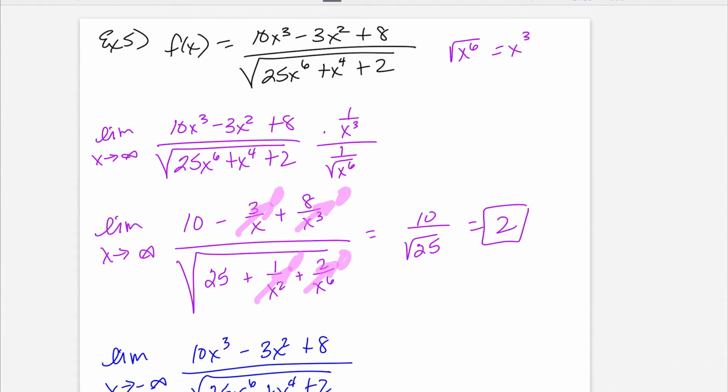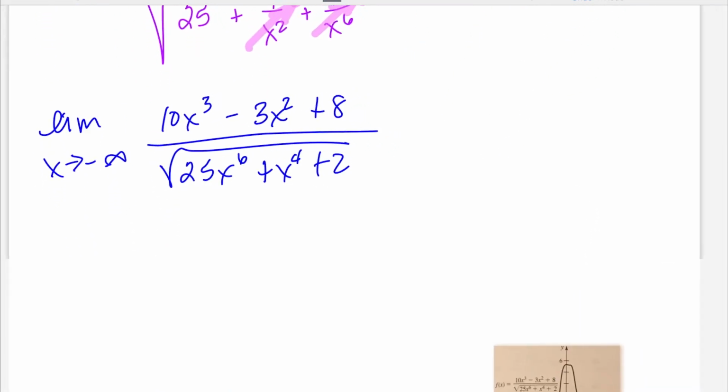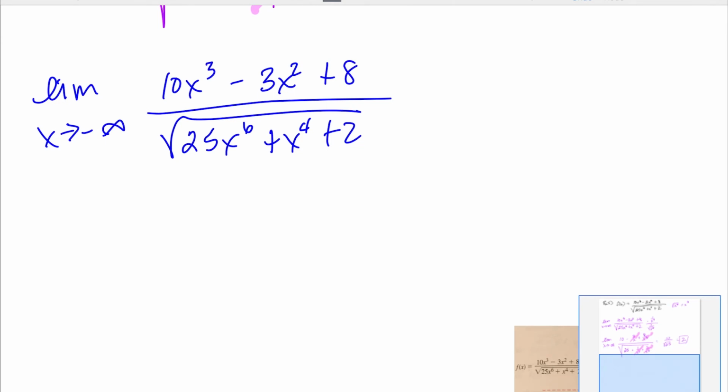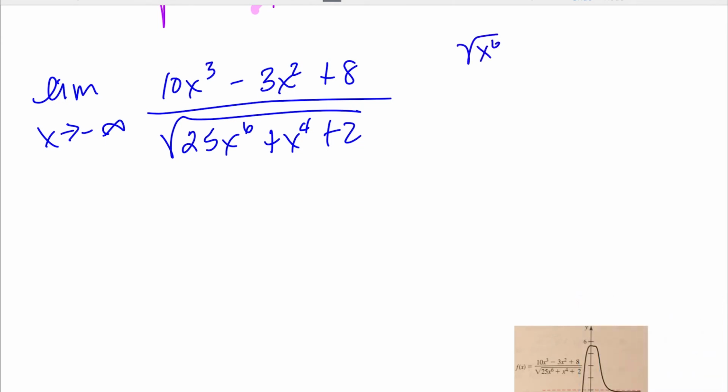Okay, I'm going to zoom in a little here. The same concept applies: the square root of x to the 6th is equal to x cubed, right? But here's the deal. I'm going to negative infinity, and I have this odd exponent here.